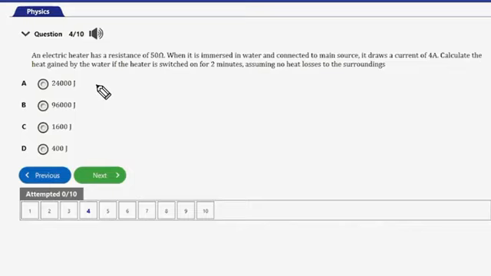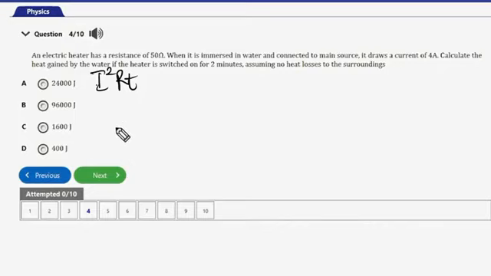So actually guys, here the heat gained by the water will be calculated as I squared Rt. So already we have the current here, and then we also have the time in minutes, so we'll convert it to seconds, and then we have the resistance here in ohms.